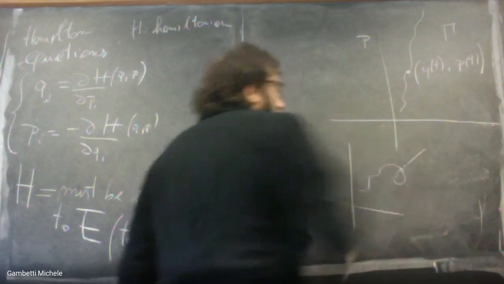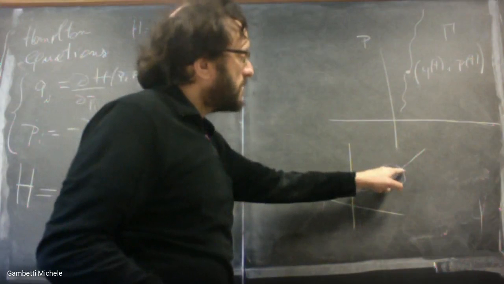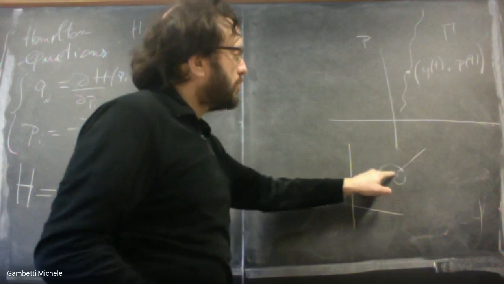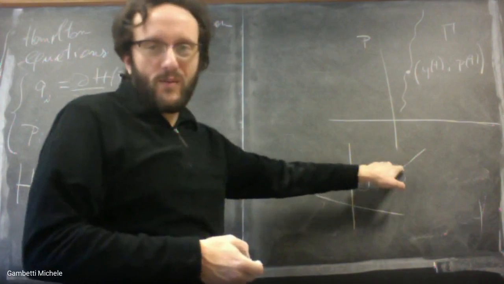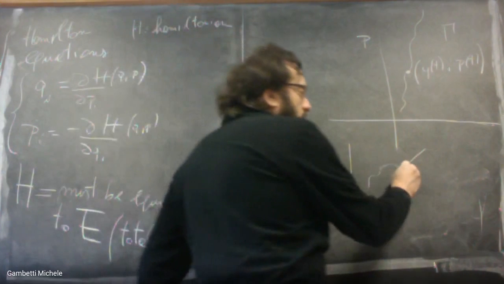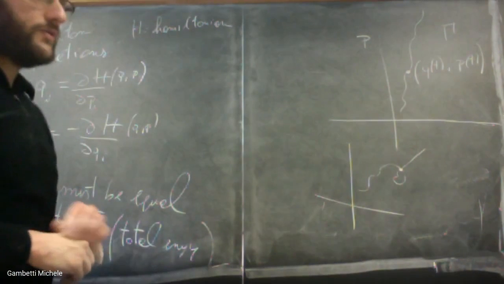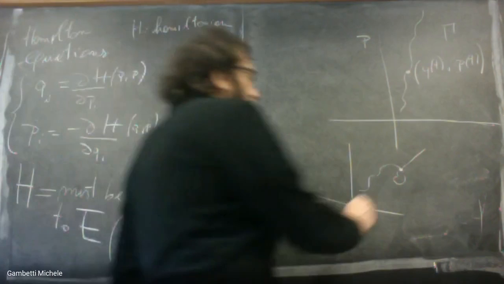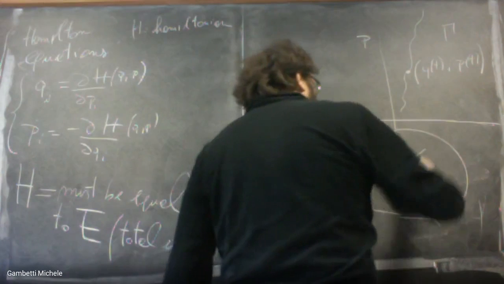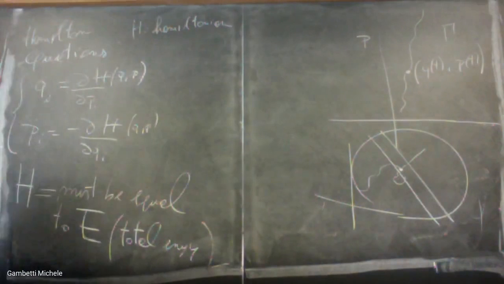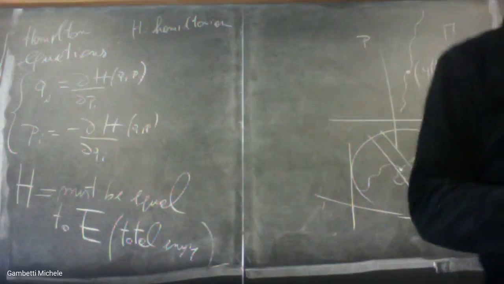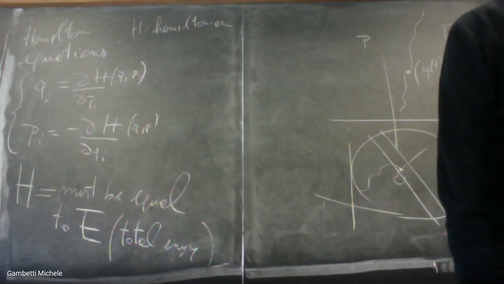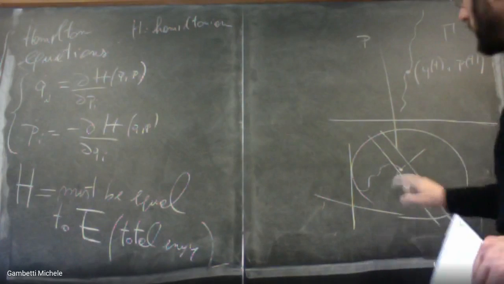If a temporal evolution at some point brings me here, and then I continue the evolution, and at another time it brings me to the same point, this would be a problem, because then I don't know how the system evolves from this point; I have a bifurcation. So these situations are not possible. Once I have a solution of this problem, I do not have self-crossing points.